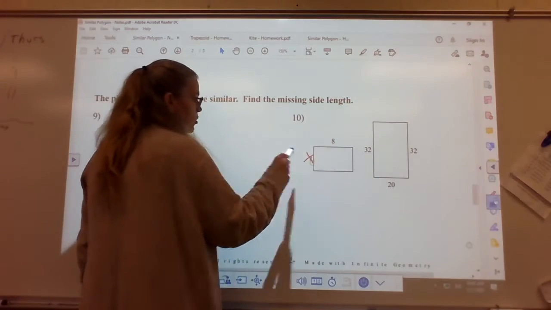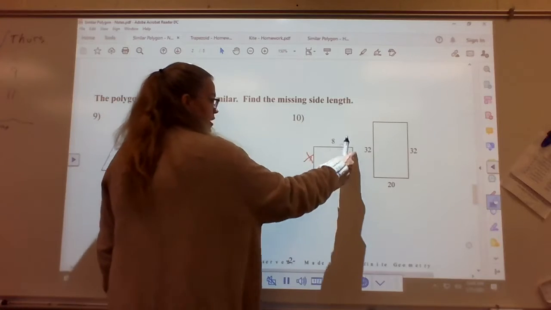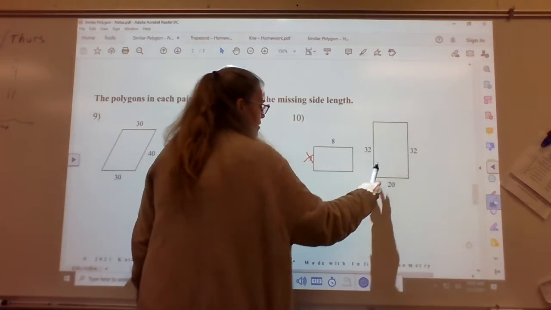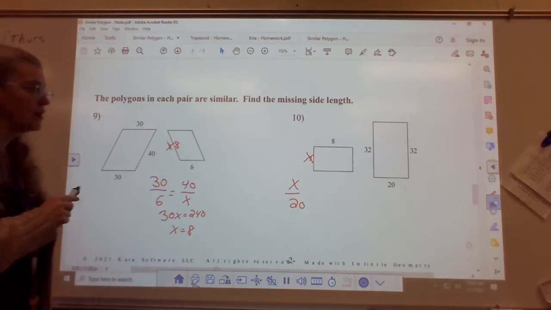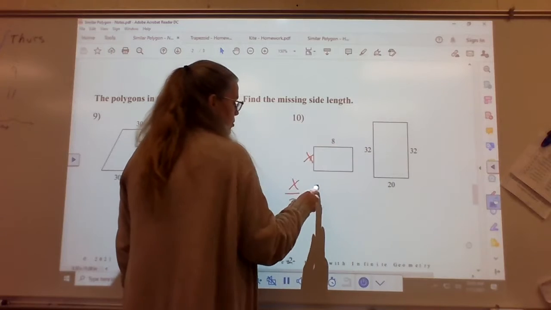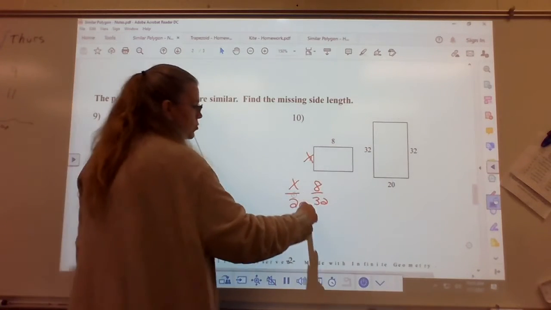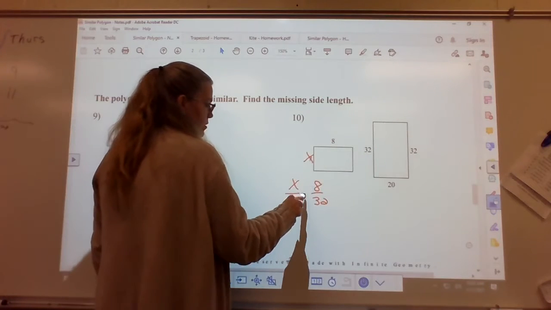So 10, same thing. Put an x where the question mark is. This x is the smallest side on this rectangle. This 20 is the smallest side on that rectangle. So I'm going to do x over 20. Then I can do 8 over 32. I need to cross multiply to figure out what my value is.